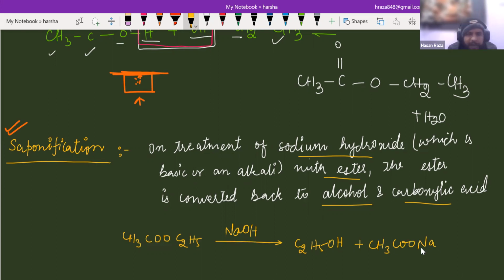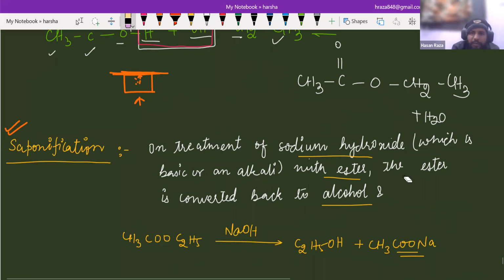It is basically a carboxylic acid salt. So please do write it. Alcohol and sodium salt of carboxylic acid.